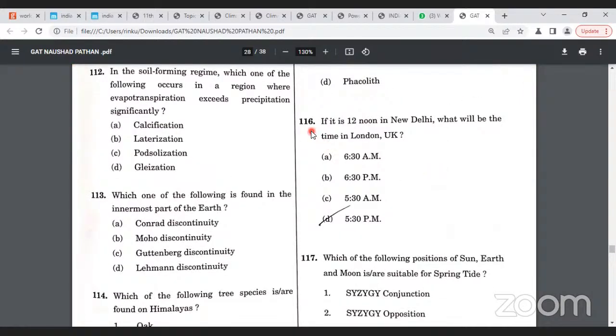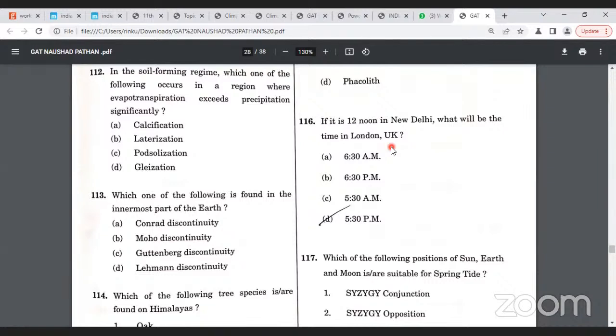116. If it is 12 noon in New Delhi, what will be the time in London, UK? New Delhi follows the Indian Standard Time, which is the local time at 82.5 degrees east. London lies on the prime meridian and follows the prime meridian time, which is 0 degrees. We know that Indian Standard Time, IST, is 5.5 hours ahead of GMT, the time at London.